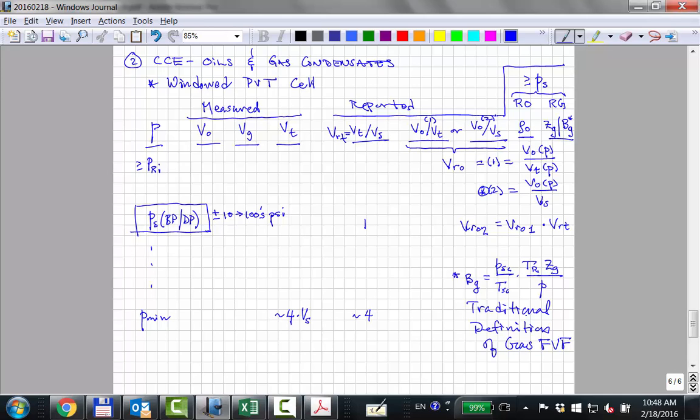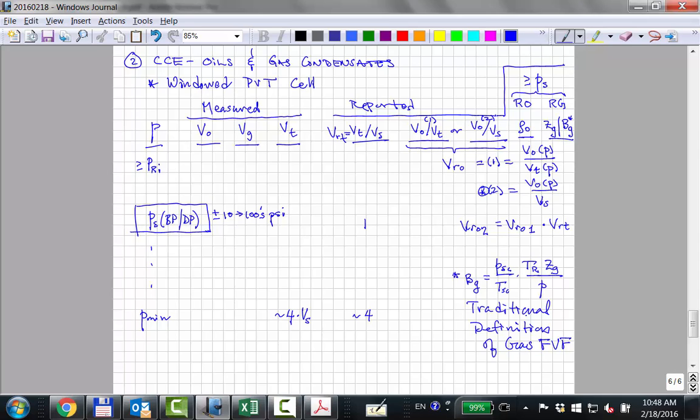Well, they basically know the mass in the cell and they know the moles in the cell because they know the molecular weight of what they put in the cell, right? So if they know the mass and the moles and the density, then they have the Z factor. So basically you have to know what the moles are in the cell initially.